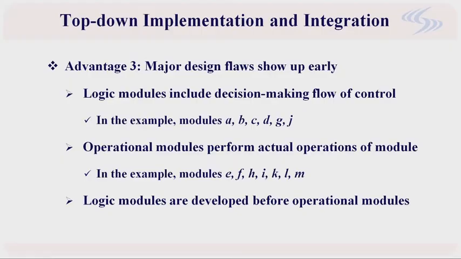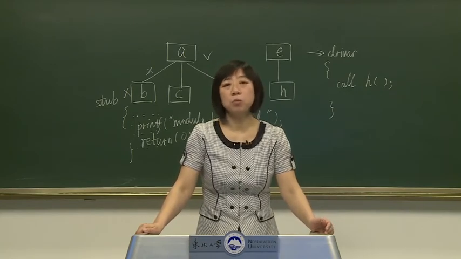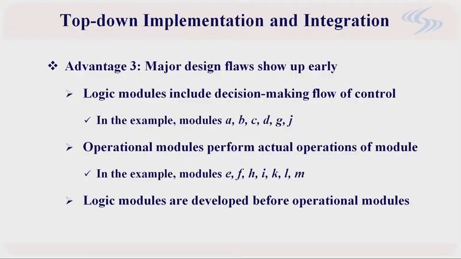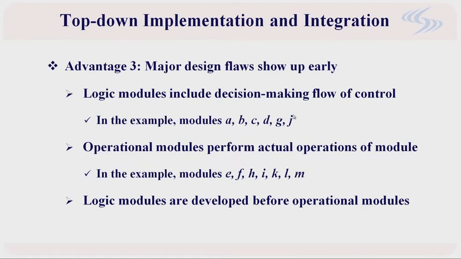And advantage 3, major design flaws show up early. A software system is composed of both logic modules and operational modules. Logic modules include the decision-making flow of control. Let's say the higher level modules such as A, B, C, D, G, and J are logic modules. These modules include the decision-making flow. These are the main design.